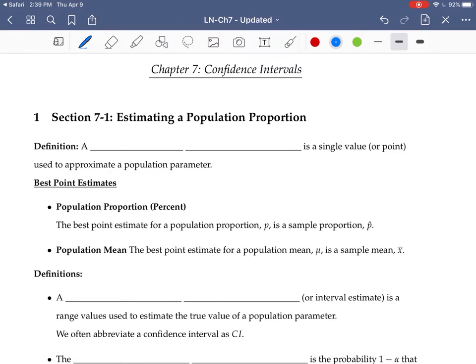The first thing that we will define is a point estimate. A point estimate is the single value or point that we use to approximate a population parameter.